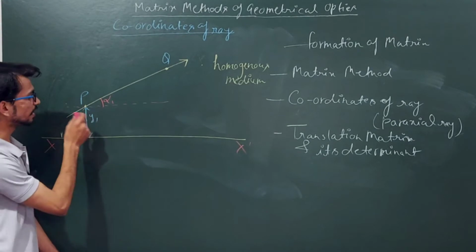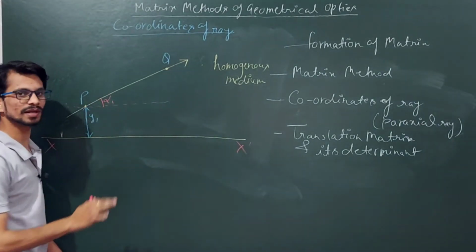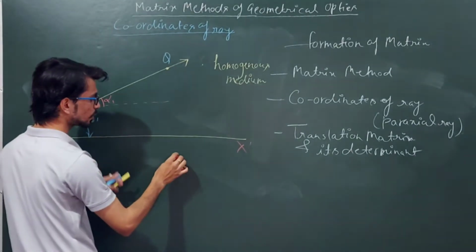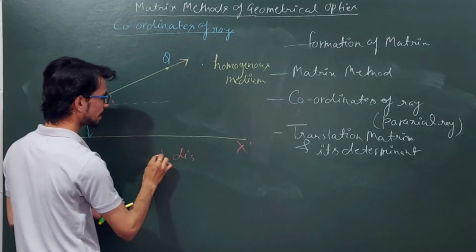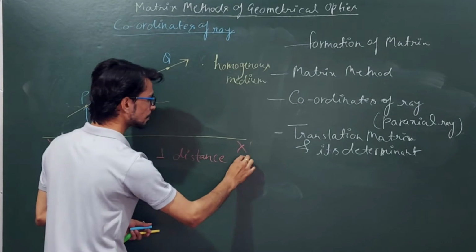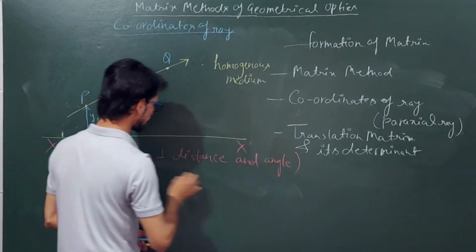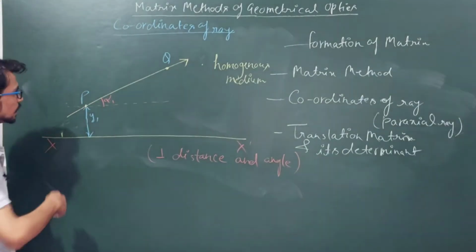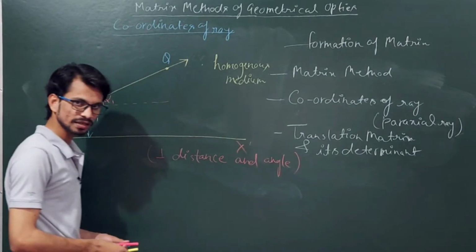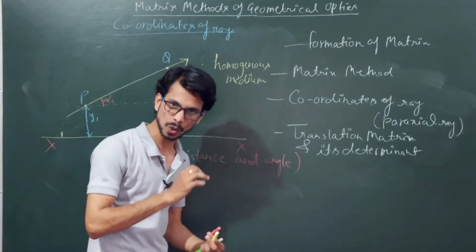And here y1 is the perpendicular distance of this point P on this ray from the principal axis. Now the set of the 2 points here, one is the perpendicular distance, and the other is the angle. And this angle is the angle made by the ray with the principal axis. So the set of the perpendicular distance and the angle is simply known as the coordinate of a point on the ray.